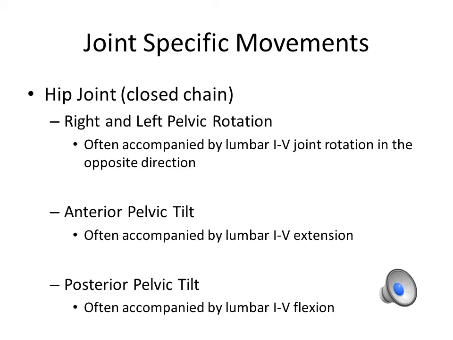And posterior pelvic tilt is rotation of the pelvis posteriorly around the medial lateral axis. These pelvic movements often are accompanied by lumbar intervertebral joint movements as well, as described in your lecture notes.